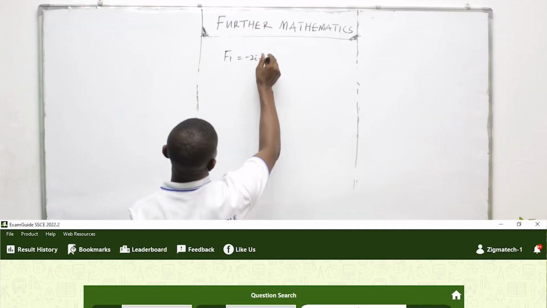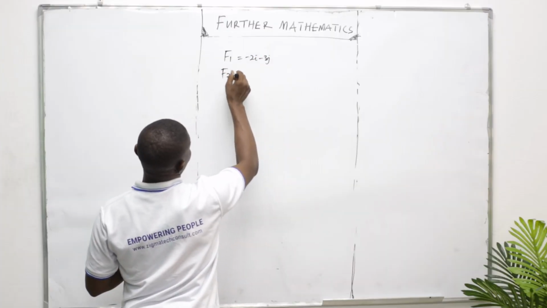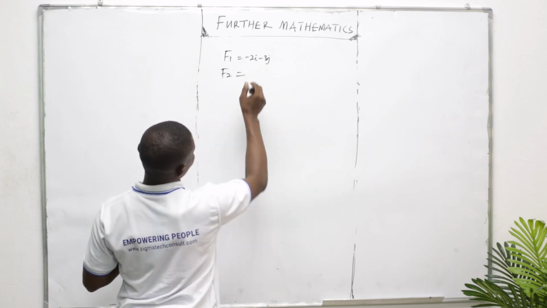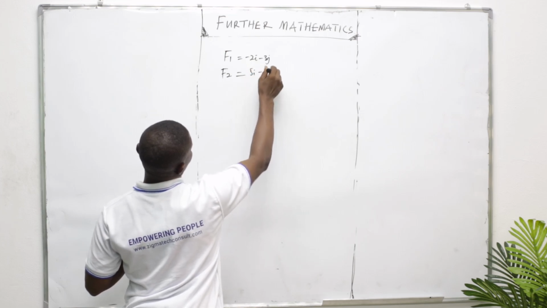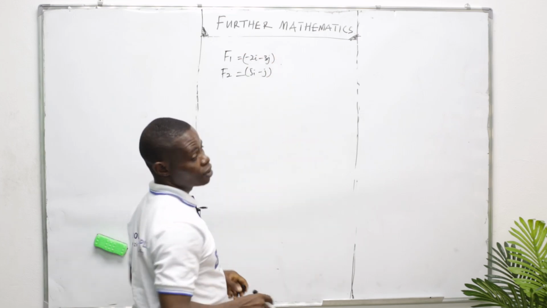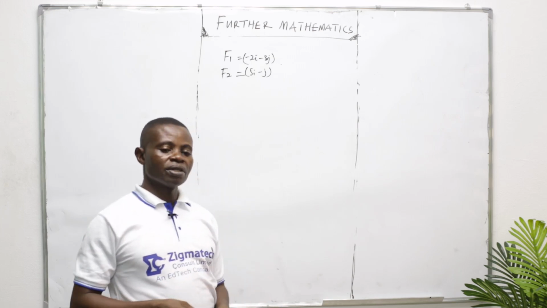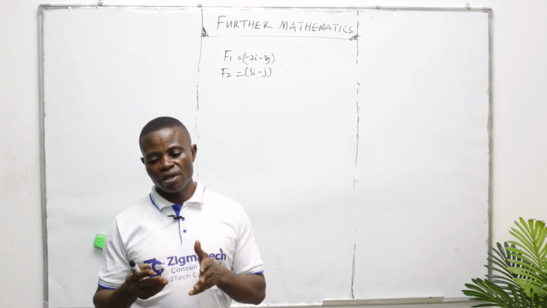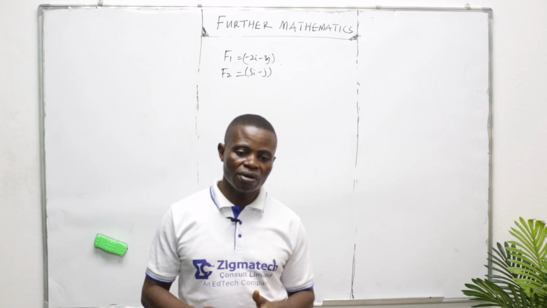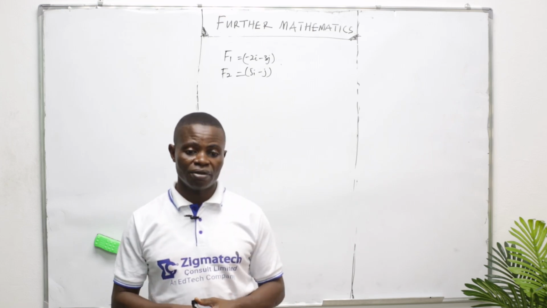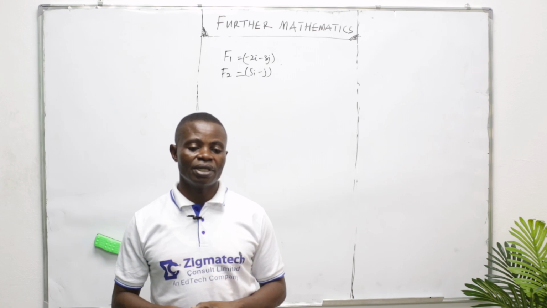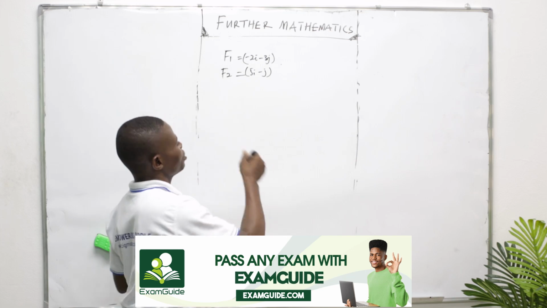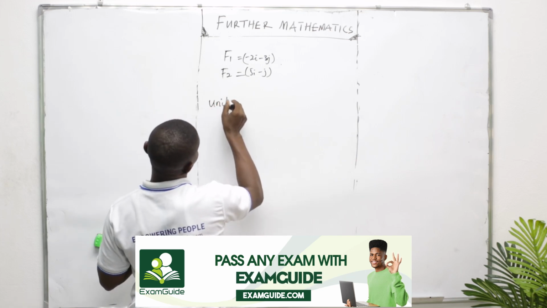F2 equals 5i minus j. Unit vector. As a subtopic, unit vector simply implies the vector, that's the resultant of the vector itself, divided by what? Its magnitude. That's magnitude of the resultant.